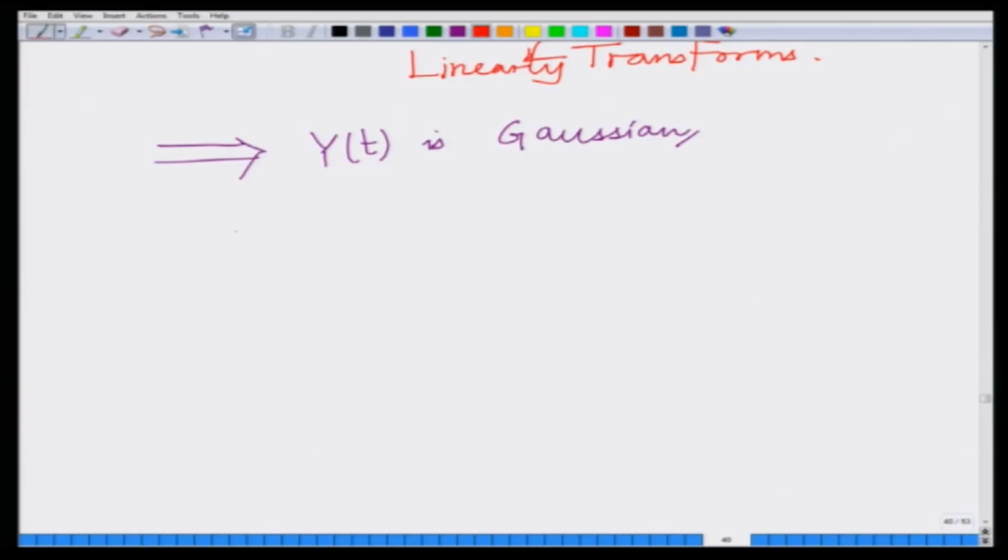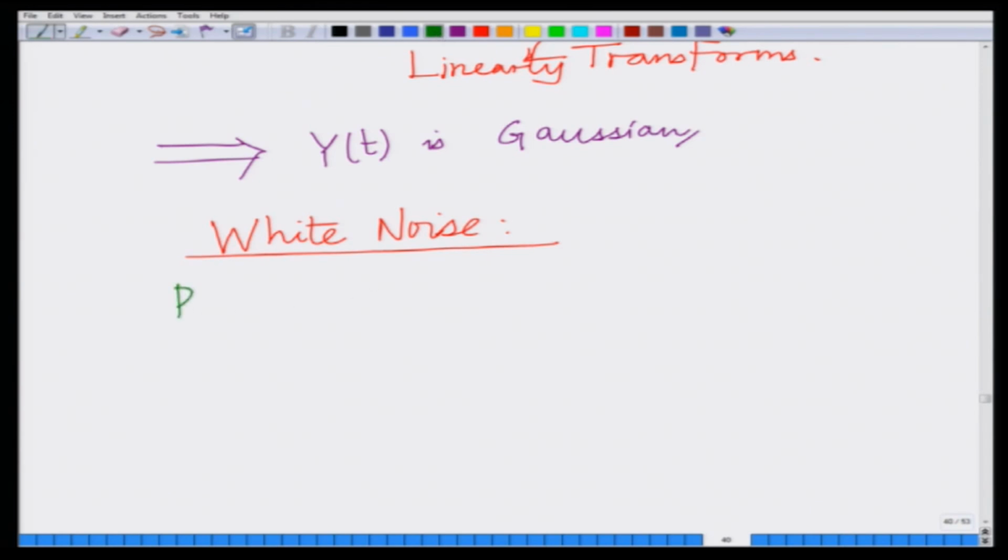And we had also seen another special kind of random process, which is white noise. And what is white noise?